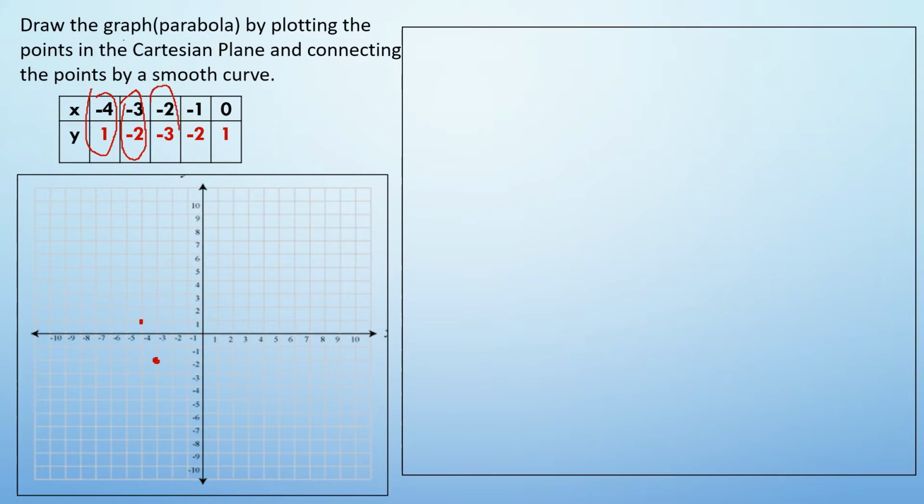Next we have negative 2, negative 3. Negative 1, negative 2. And then 0, 1. Okay, we will connect the points by a smooth curve.